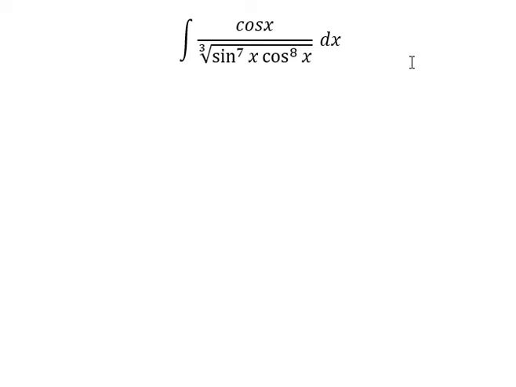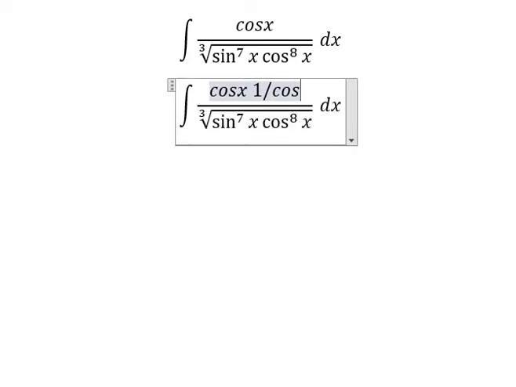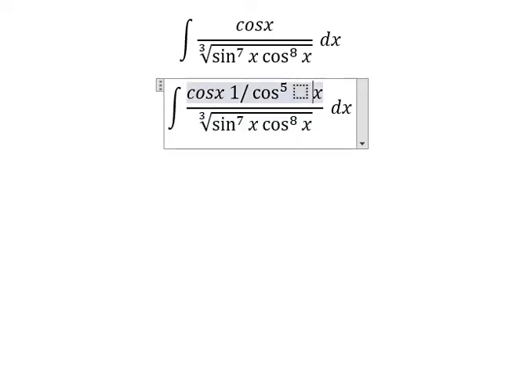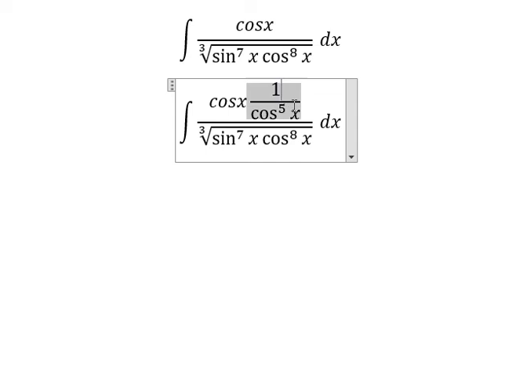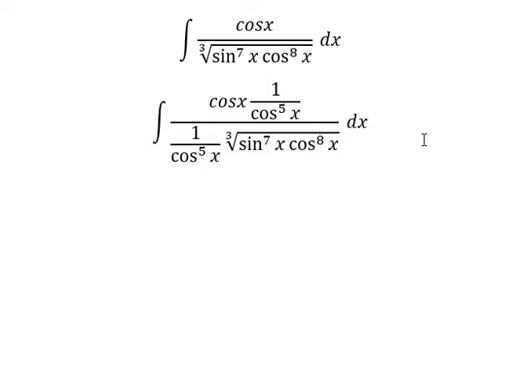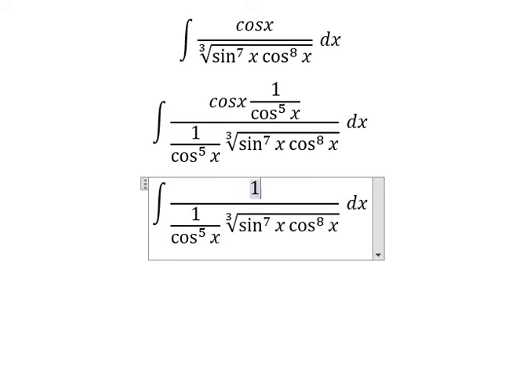So we need to multiply by 1 over cosine x to the power of 5 on numerator and denominator. So this one we simplify and we have 1 over cosine x to the power of 4.